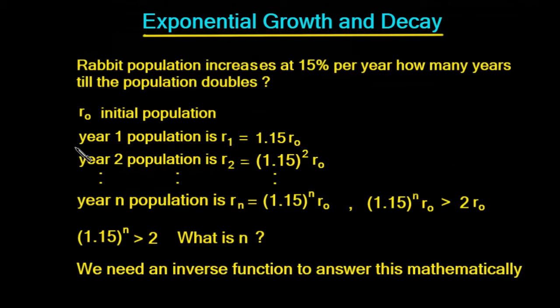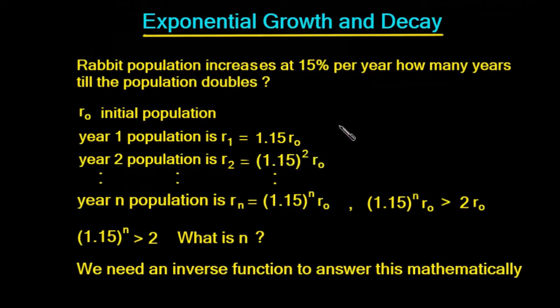You can see here that after 2 years the population R2, the new population, will be the old population, which is now 1.15, to the power of 2, so that's squared, times R0. Let's have a look to make sure you know where we get the squared term from.